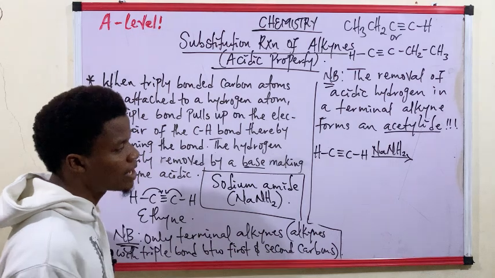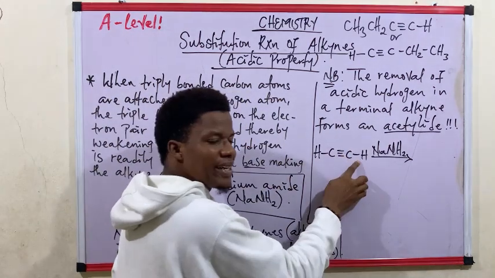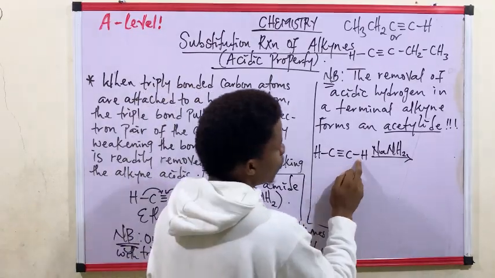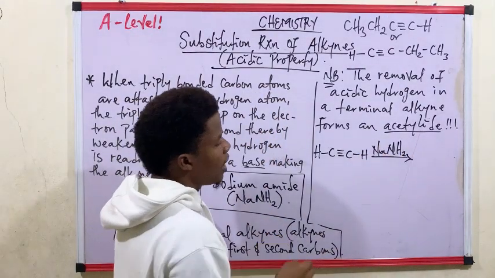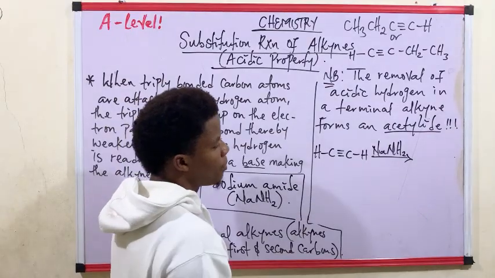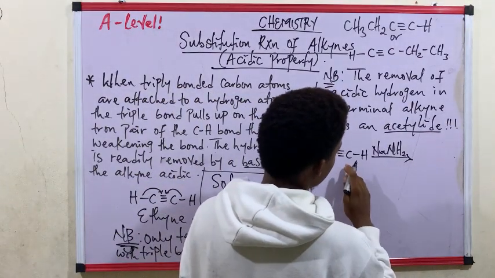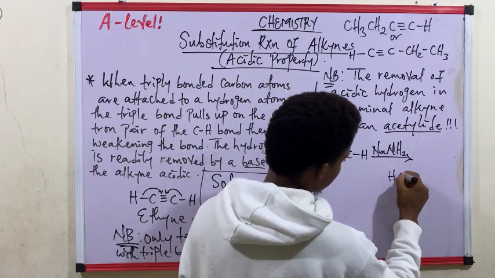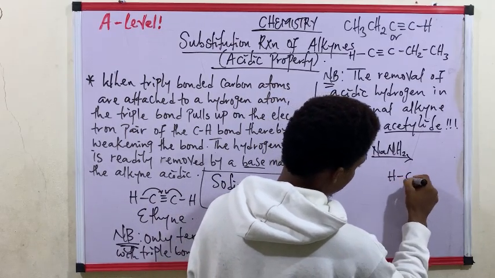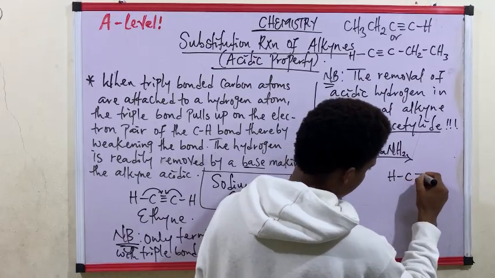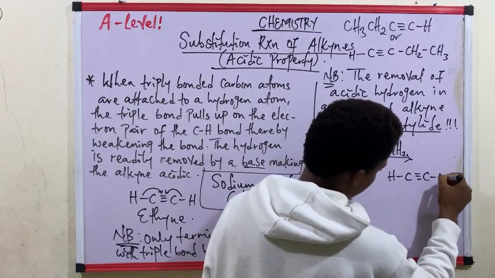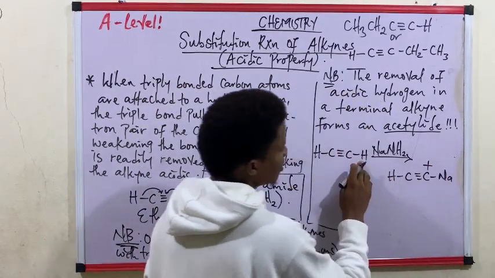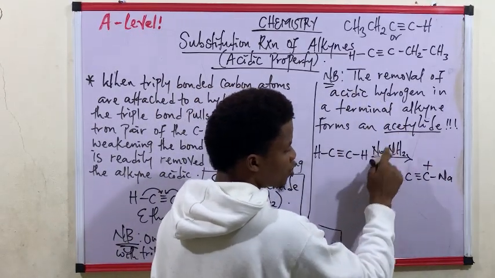So now what will happen is that this sodium will kick off this hydrogen, and then become attached to this carbon. So you will now have something like this. Alright, so when it becomes attached to this carbon, you will have this HC triple bond C Na.